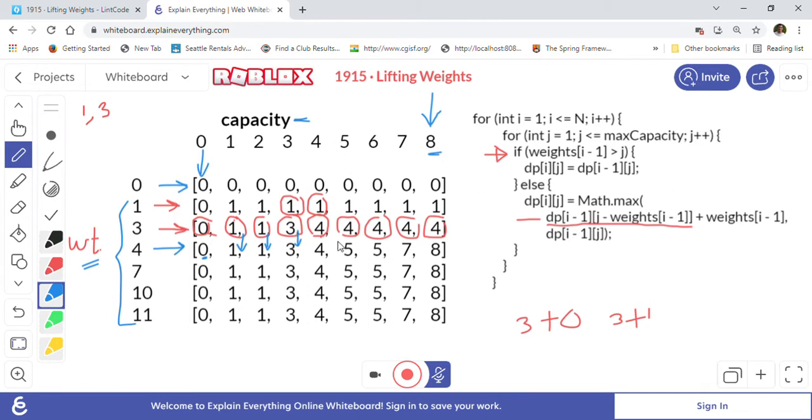Now 4 is not greater than 4, so we have to evaluate if we want to take this 4, or we have a choice of maximum of, basically we can take 4, or we have to calculate now, right? So we will calculate 4 plus this 0 basically, right? So 4 plus 0 is 4, so maximum of 4 comma 4 is 4, so we are just going to take 4 in this case.